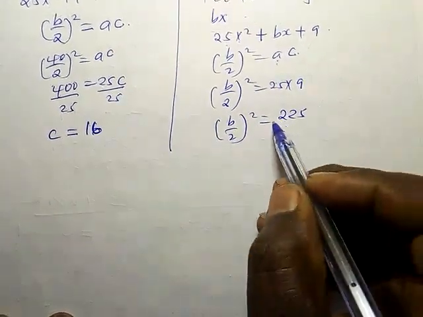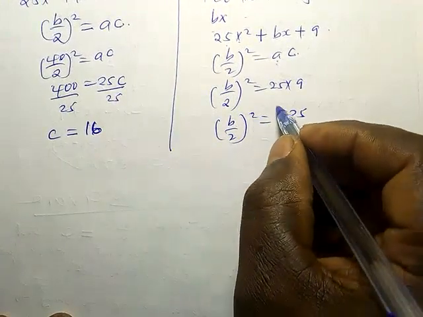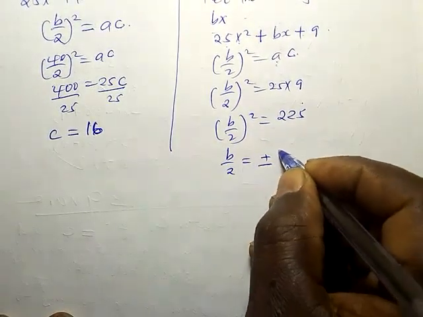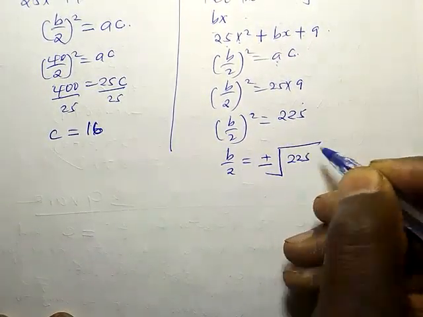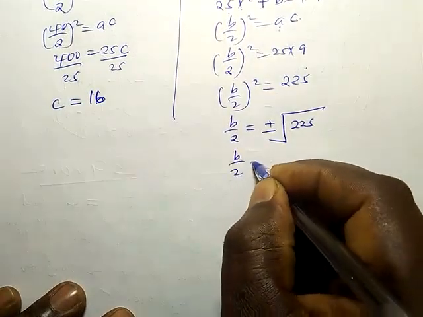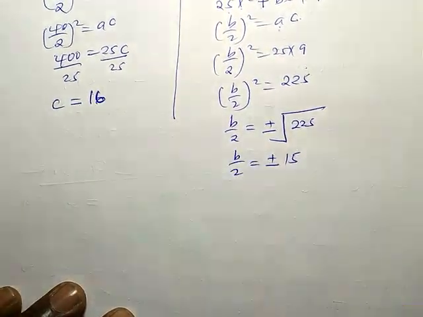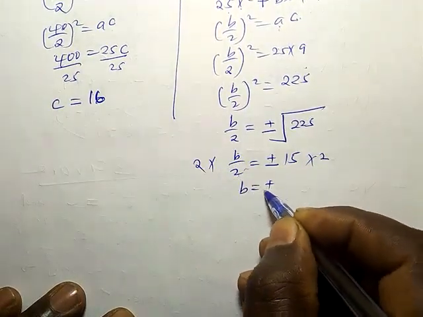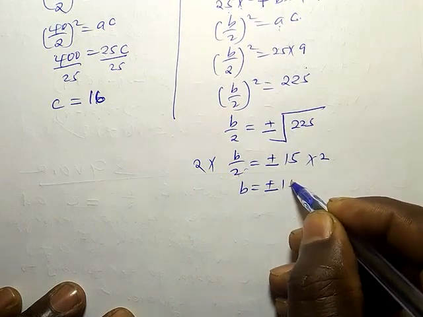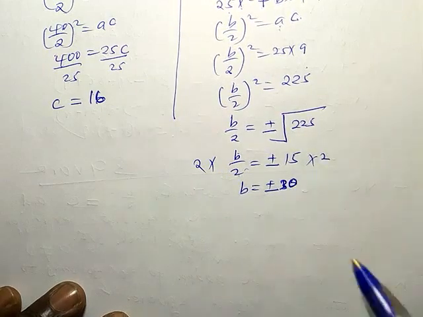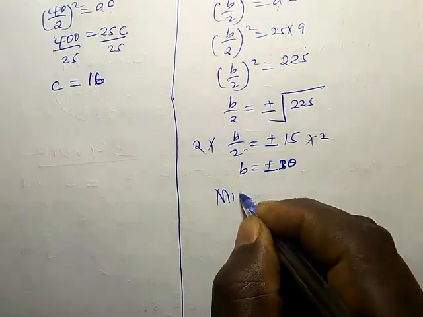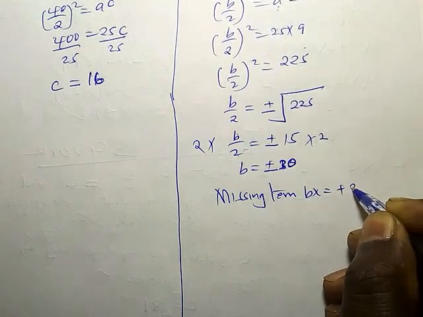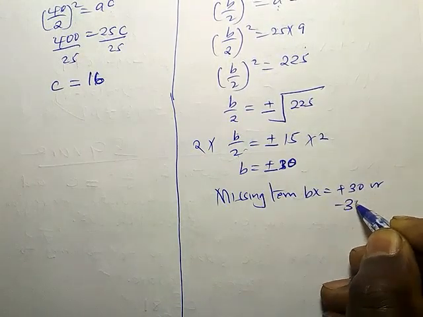So we need to remove the square here by getting the square root of this number. So b divided by 2 equal to positive or minus the square root of 225. b divided by 2 equal to positive or minus 15. To get b, 2 times 2. So b equal to positive or minus 30. So the missing term bx equal to positive 30x or negative 30x.